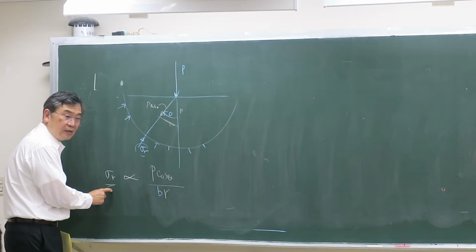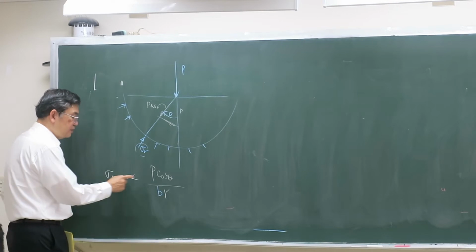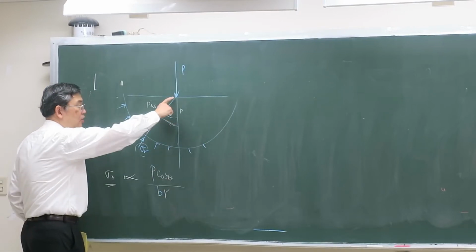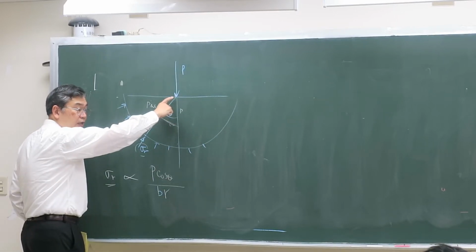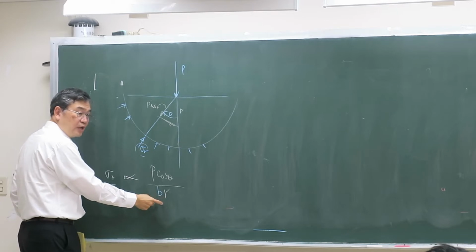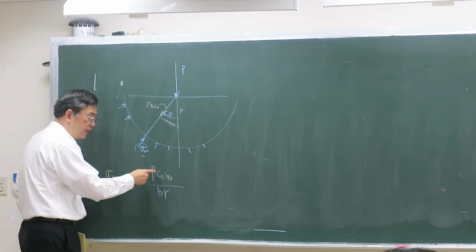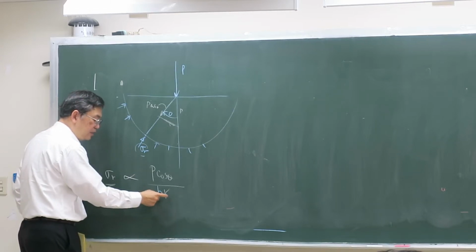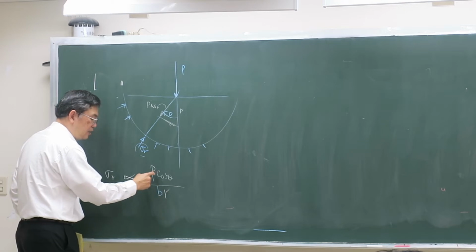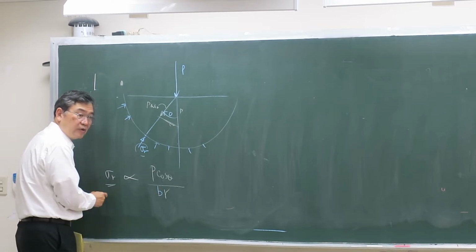Is it okay? First, this stress is proportional to P cosine theta. And also inversely proportional to R. The bigger the R, the smaller the sigma R. Right? And I divide by the area B, and P divided by area is stress level.